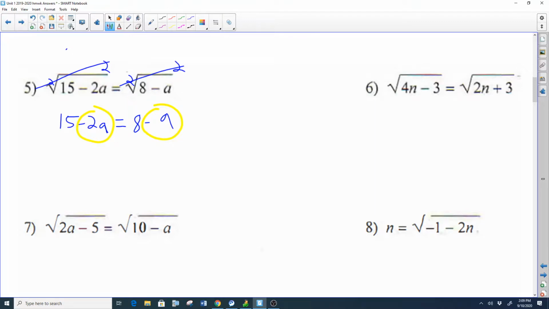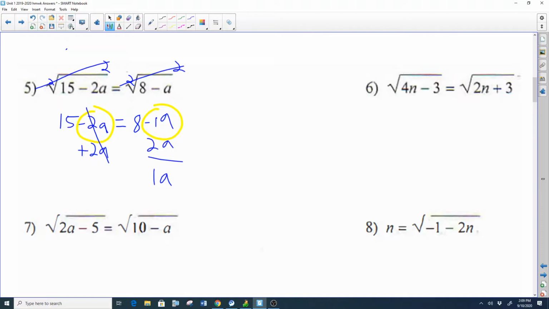Right now they're both negative, but think about which one I get to the other side will make it positive. So if I add the 2a to this side, then it goes away here, and then we have 2a minus an a would give us 1a. And it's positive, so that's nice. Try to keep them positive.